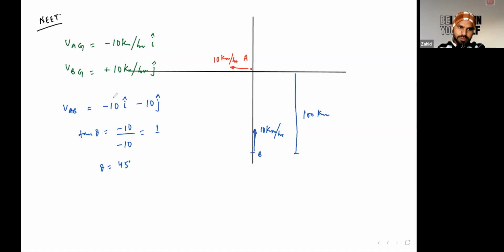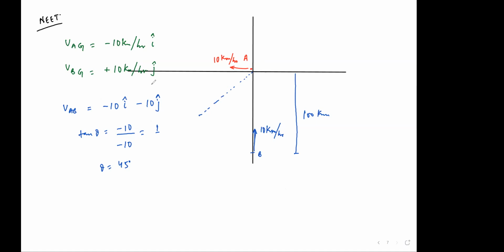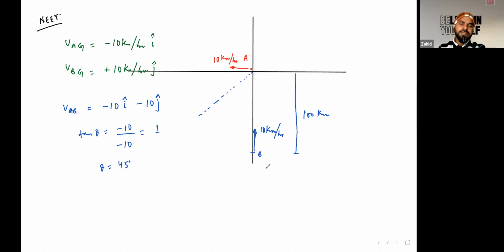And since both X and Y are negative, it must be along this direction, which is southwest. Is it clear? Yes, sir. So A will observe B going along the southwest direction at this much velocity.